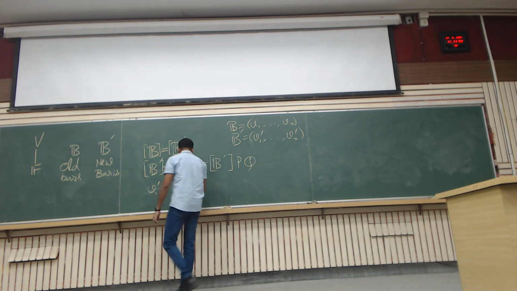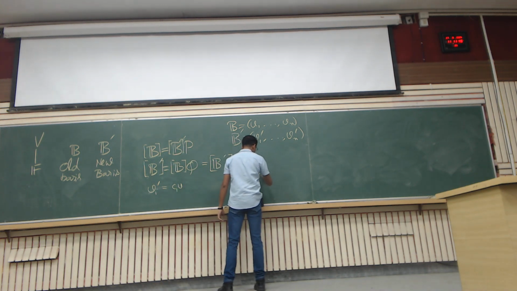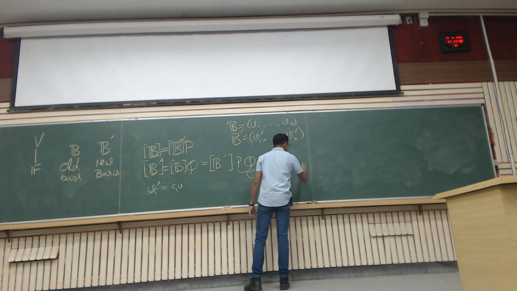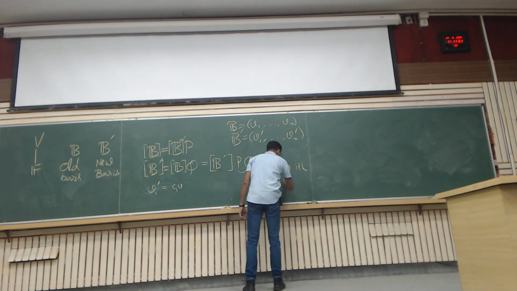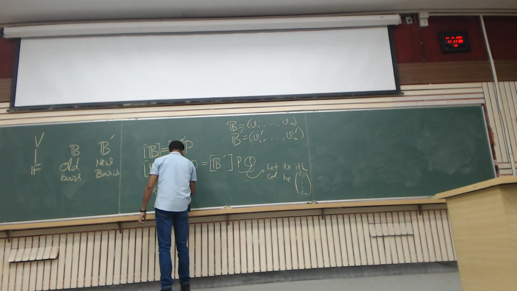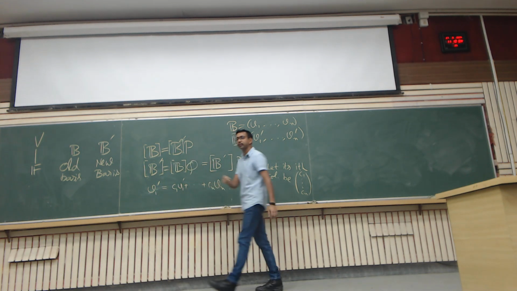So let its ith column be C1 to Cn. Then Vi prime becomes C1 V1 prime plus dot dot dot Cn Vn prime.